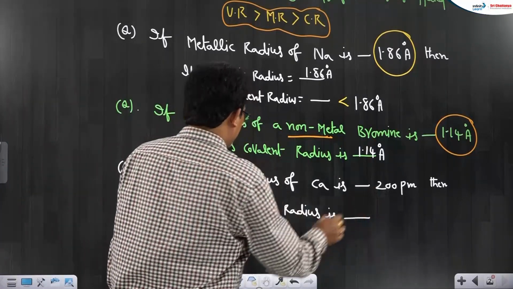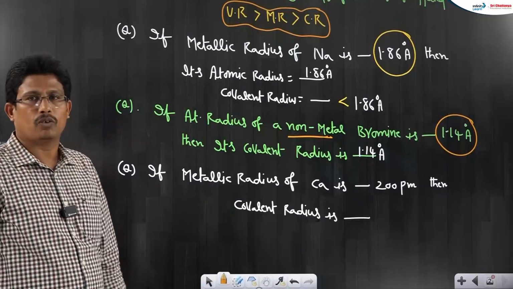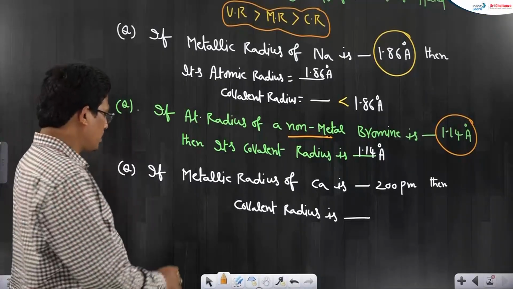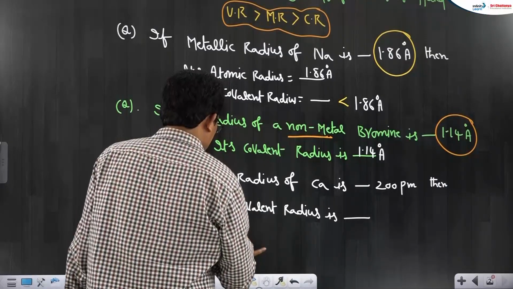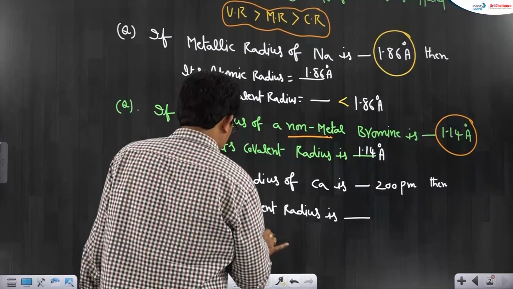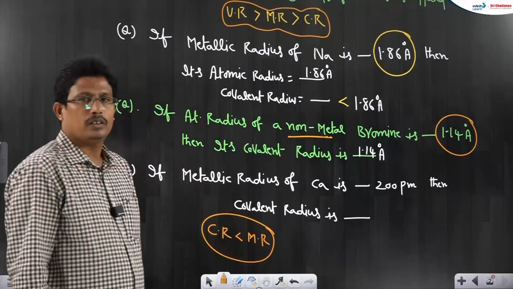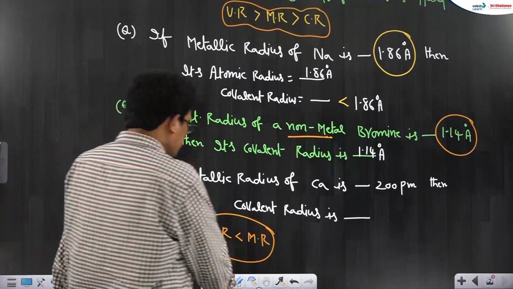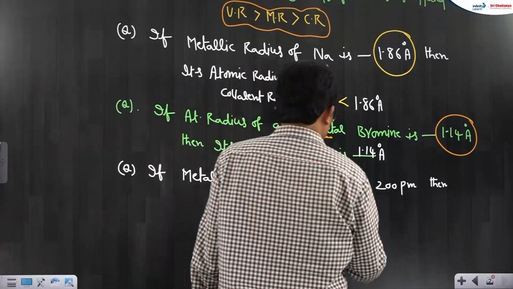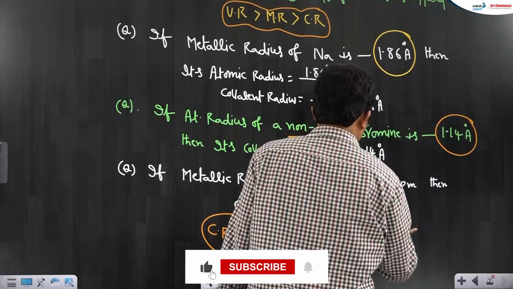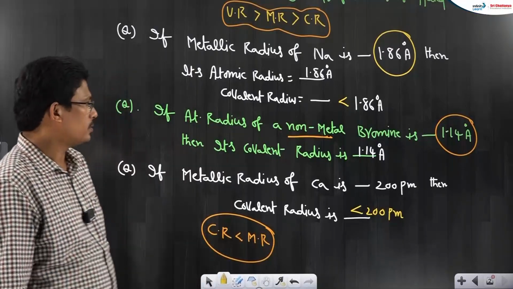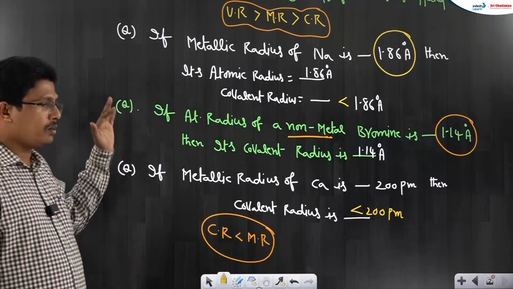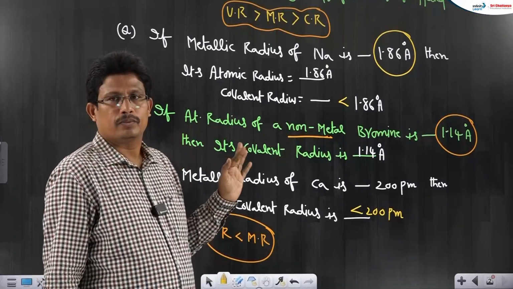What is the relation between metallic radius and covalent radii? Covalent radii is less compared with metallic radii. So the value should be less than 200 picometers. This is about the types of radii.